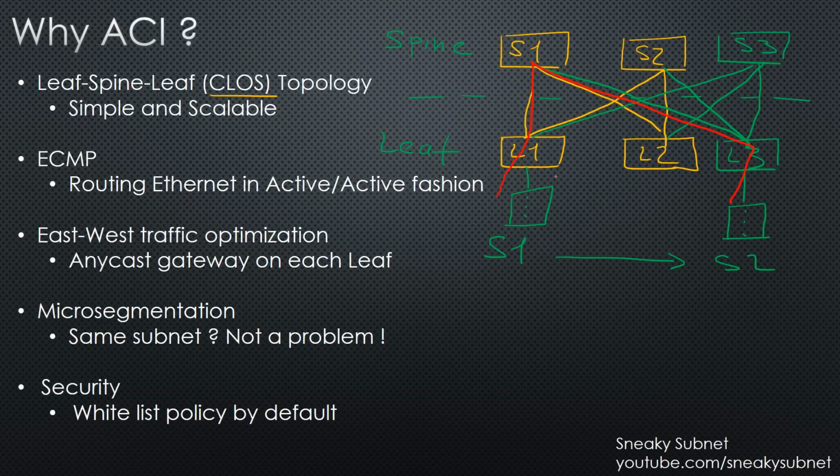So in the worst case, server 1 will have to traverse 1, 2, 3 hops to reach its destination, server 2. Of course, if you have, for example, server 3 connected to the same leaf and server 1 wants to talk to server 3, it will traverse only a single hop, which is leaf 1.